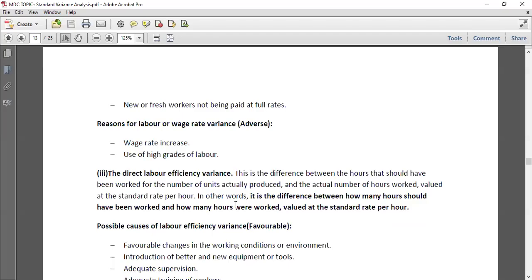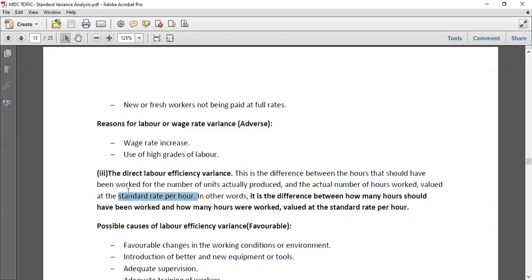Under labor, we also have what we call the labor efficiency variance. It is actually here, and they're telling us that this is the difference between the hours that labor should have worked for the units produced and the actual number of hours worked, valued at the standard rate per hour.